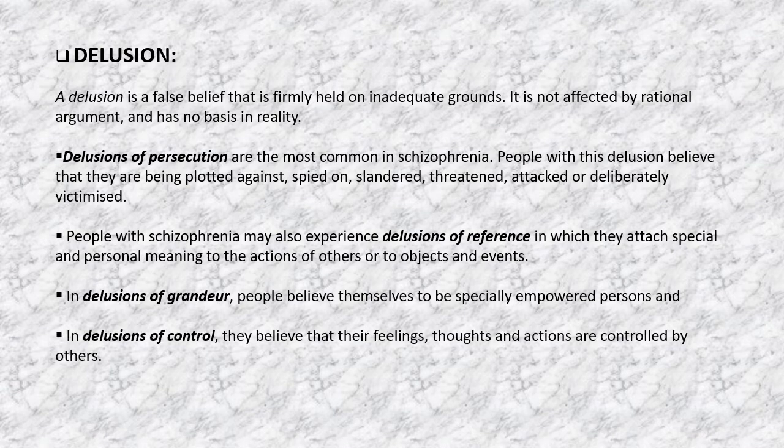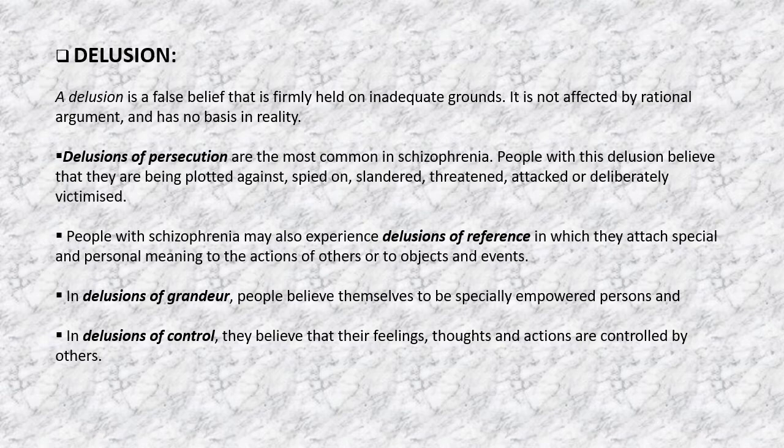And lastly, there is delusions of control. In delusions of control, people with schizophrenia believe their feelings, thoughts, and actions are controlled by others. Okay, so how it is done is that, for instance, there may be radio broadcasting, and through the radio someone is instructing them, telling them to do certain things.